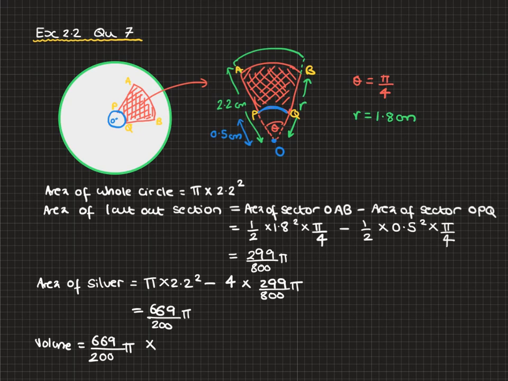But of course we need to convert that into centimetres, so that is 0.1 centimetres for the depth. Multiplying these two together gives us a final answer of 1.05086 centimetres cubed, which is 1.05 centimetres cubed to 3 significant figures.